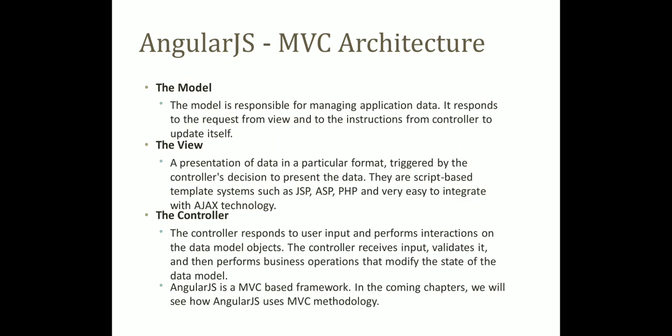Okay, so the model is basically responsible for managing application data. It responds to the request from view and to the instructions from controller to update itself. It is doing two things. It is responding to the request from view, okay, and the instructions from controller.